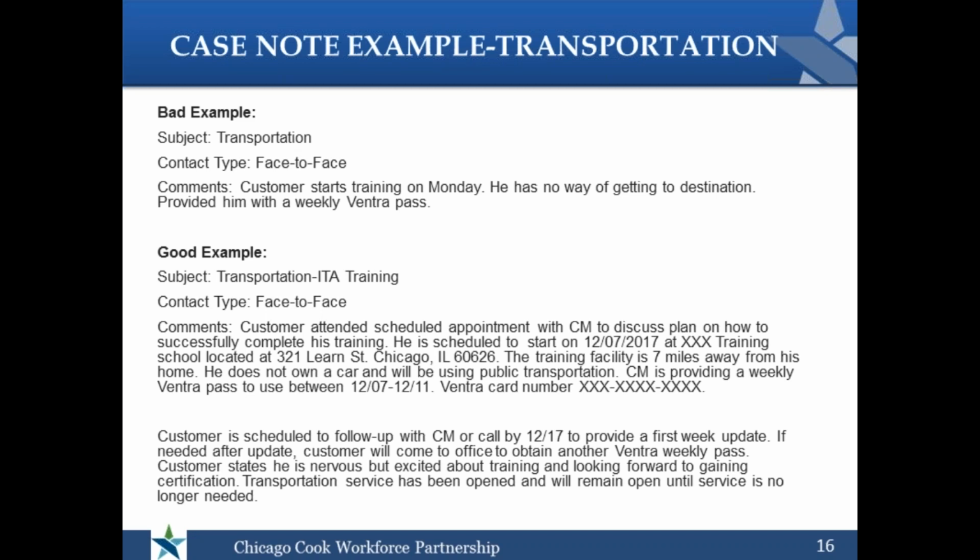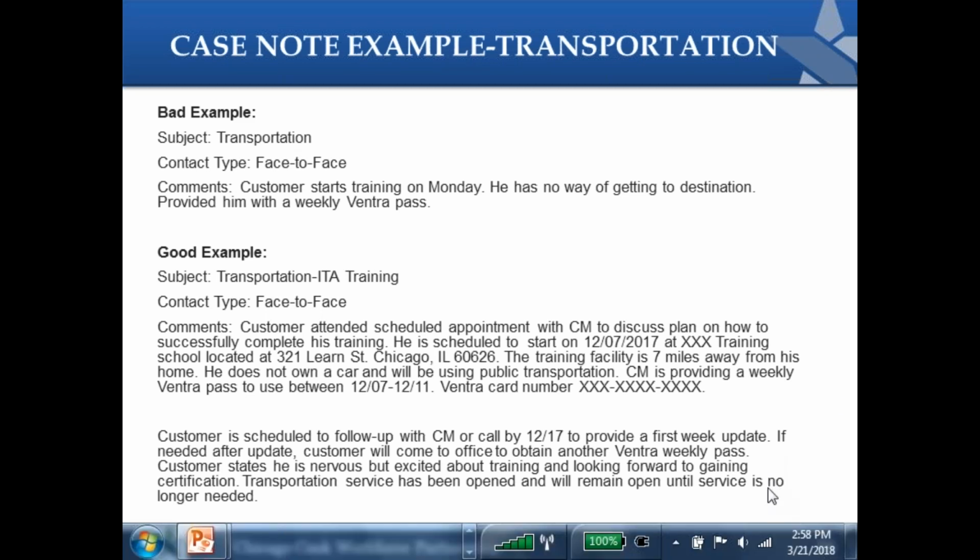So the good example of a case note would be more like, again, transportation for ITA training, right? Because now you're tying it to the training. The interaction was face-to-face. But the comment should look something like, customer attended scheduled appointment with case manager to discuss plan on how to successfully complete his training.